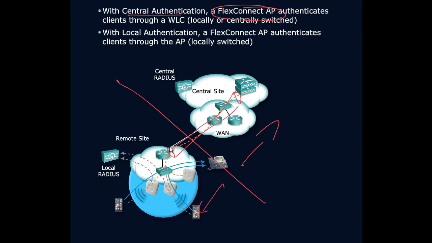So either way, in a centrally authenticated setup, what happens is we deliver to this wireless LAN controller, and then the wireless LAN controller will deliver here. The authentication OK comes back here, and then that's sent back through the CAPWAP or DTLS tunnel. Great. And like we said, that is great unless what?